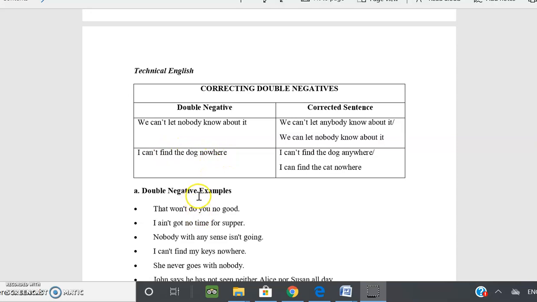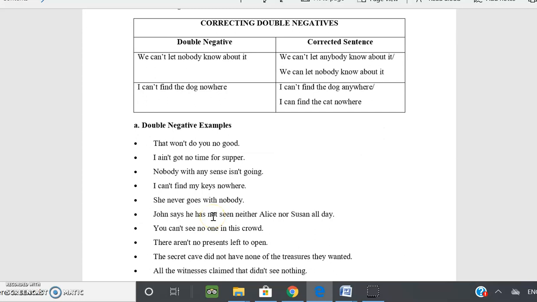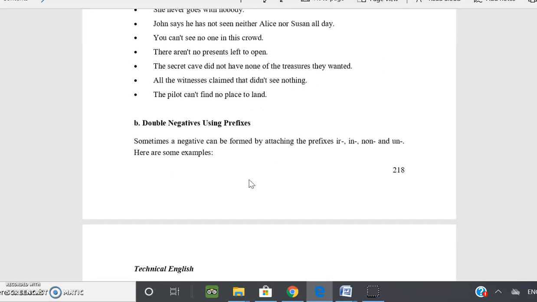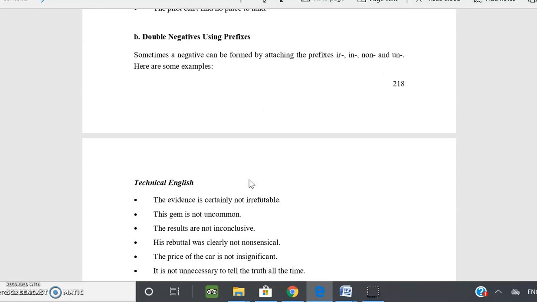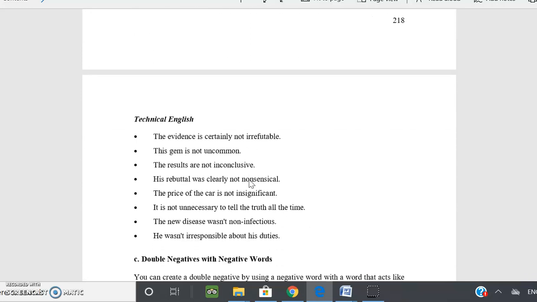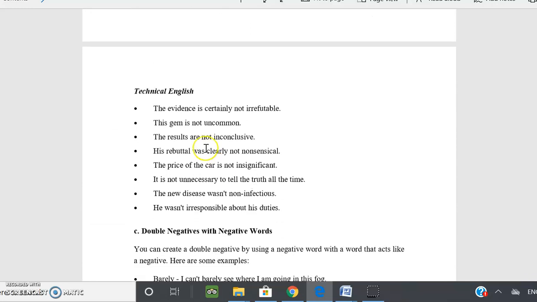If you see double negative examples, people commonly say, I have got no time. You say, I don't have time. Nobody with any sense goes anywhere, like that. So you just try to correct them. With prefixes, we can use them. When you're trying to be polite, you say, the results are not inconclusive.